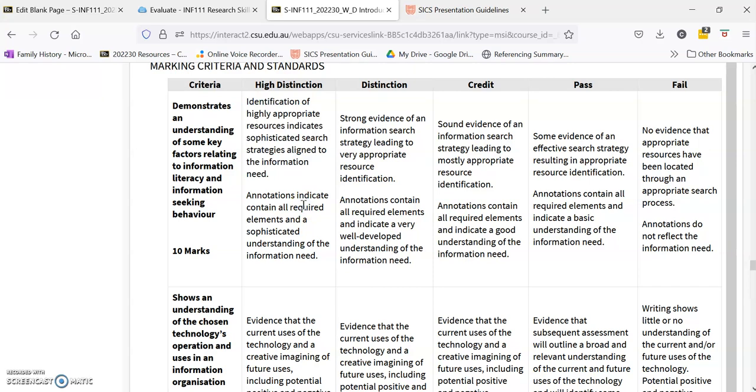obviously we don't know your search strategies, we don't have your keywords, we don't know which databases you used, but we can tell from the results from the items that you put in your bibliography whether you've used a good search strategy and you have come up with some really highly appropriate resources.